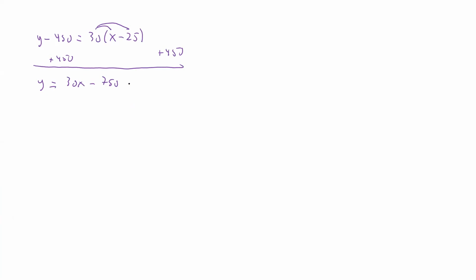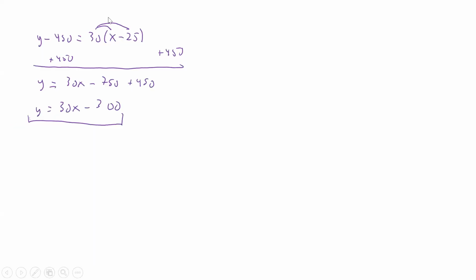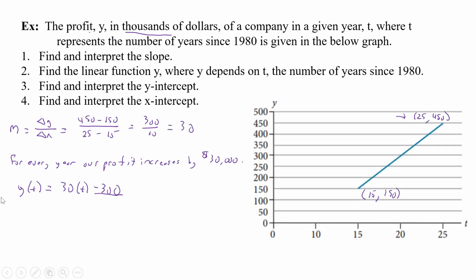And then plus our 450, okay? And so then we get y equals 30x minus 300. So that actually then is the equation of the line we're going to use. And so it's 30t minus 300, okay? Because we're going to put it into t's. Here, I was using x's just because I knew x and y values. So that is going to be our linear function y of t depending on t, years since 1980. And so that would be the whole function, okay?